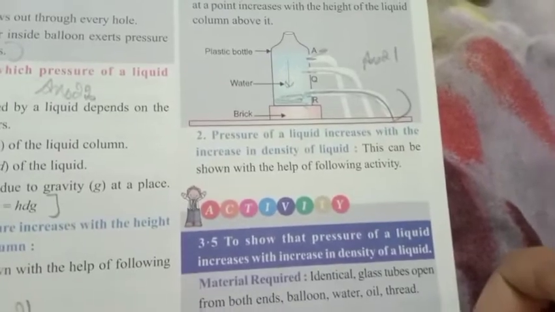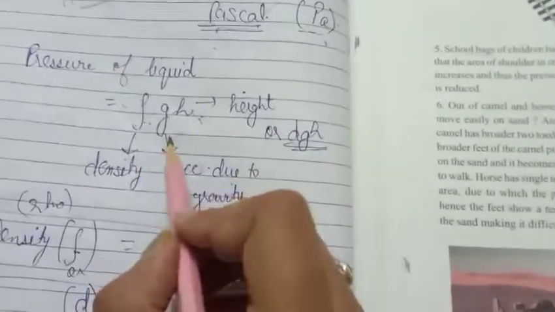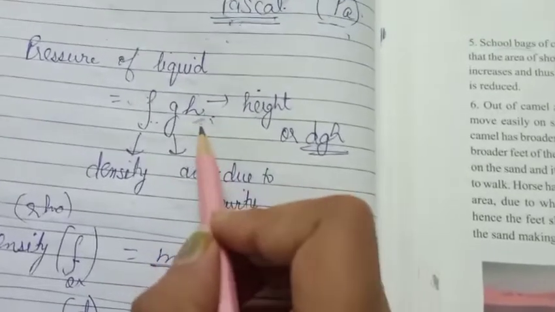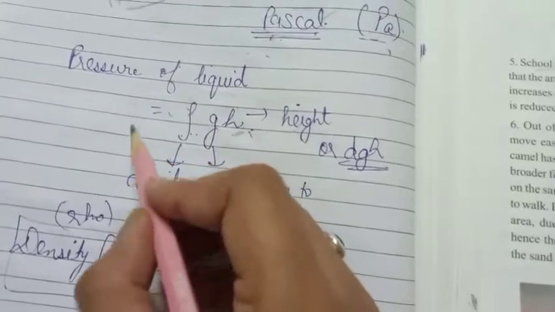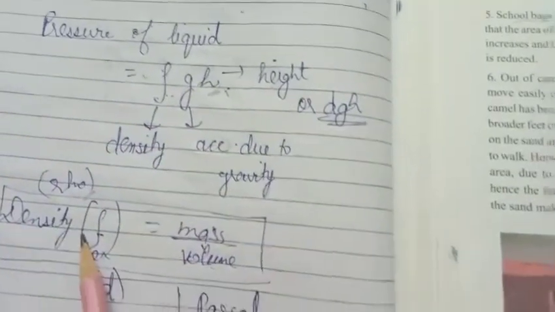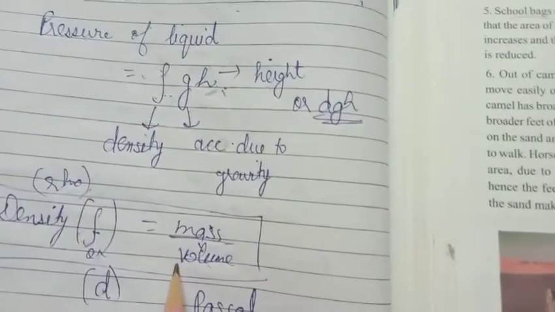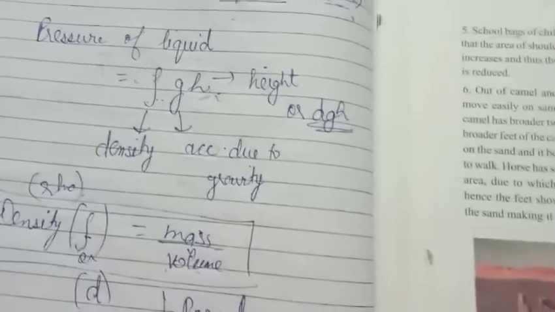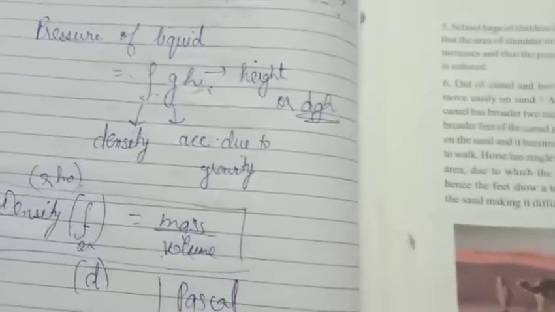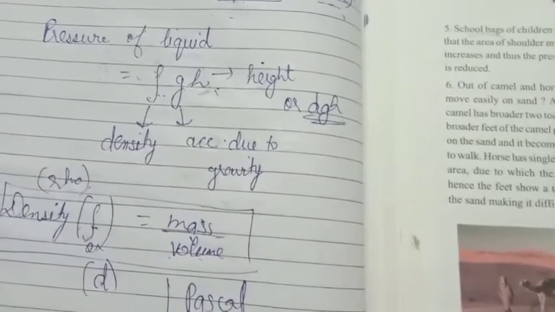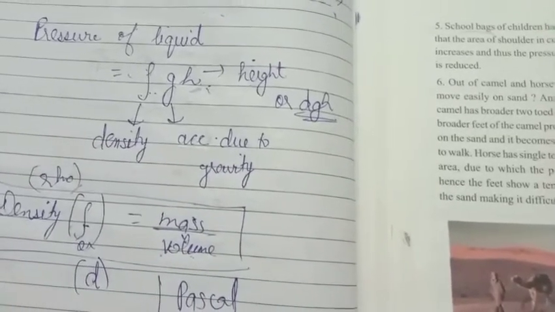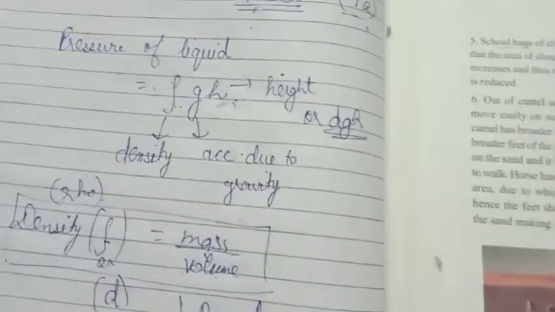So your pressure in the liquid depends upon density, acceleration due to gravity and height. Here I have density written with rho. Density, you know, is mass upon volume. Density means the thicker the liquid is. If I compare alcohol with water, thicker is alcohol. If I compare glycerine with water, of course glycerine is more dense.